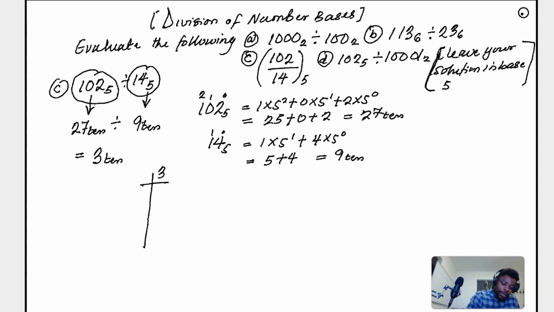So 3 in base 10, and you divide by 5. 5 in 3, not possible, so 0, and I put 3 here. So that means 102 base 5 divided by 14 in base 5 is equal to 3 in base 5.